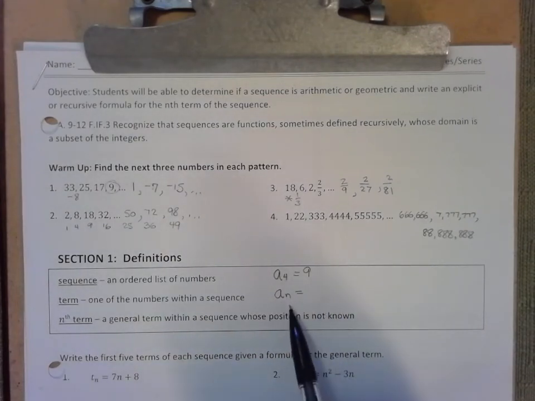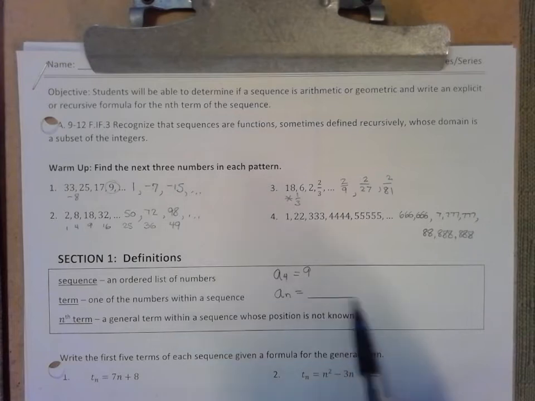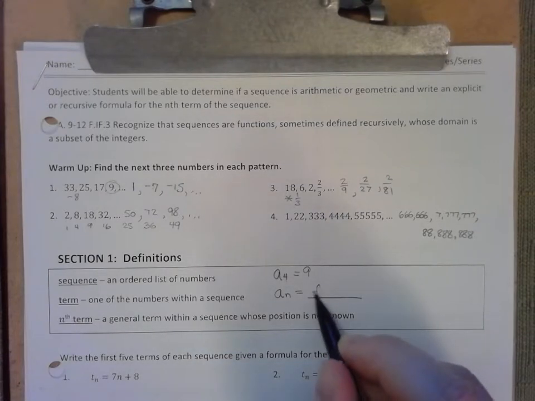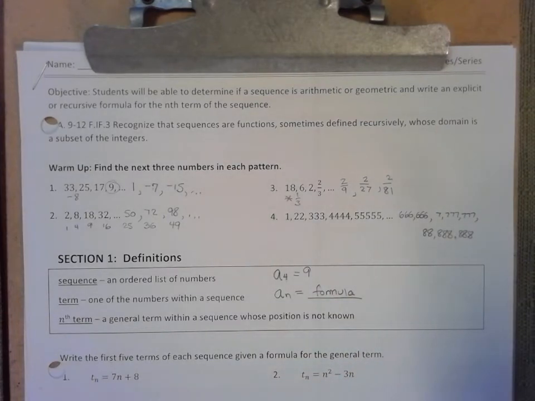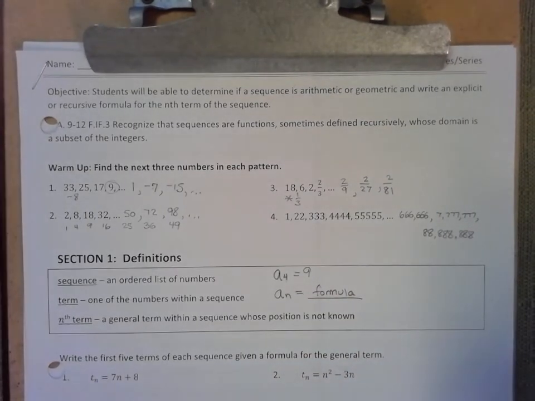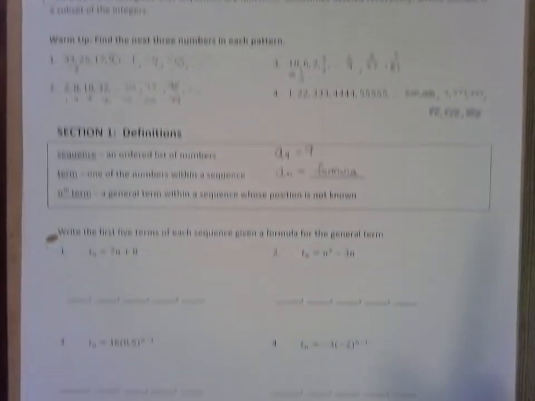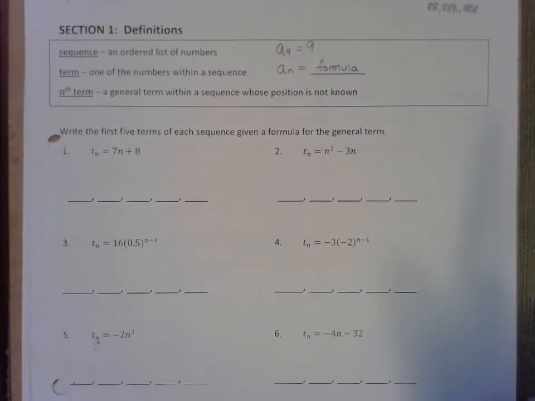In order to find a specific term, we need a formula. Part of what we will do in this lesson is to create formulas for patterns once we discover what type of pattern it would be. Down below, we have 1, 2, 3, 4, 5, 6. We have 6 exercises where we have to come up with the next terms in each pattern or sequence.